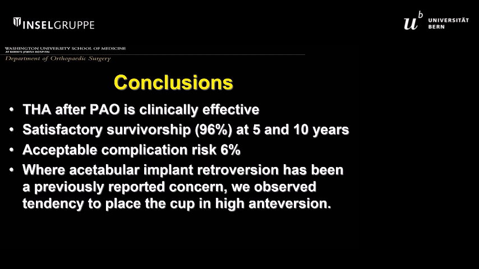That was something described earlier in the experience with doing total hip arthroplasty after the PAO. In our series, we actually tended to have a slightly higher anteversion in these hips, perhaps because we are aware of this potential retroversion issue.